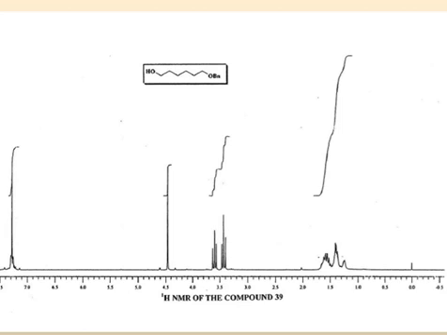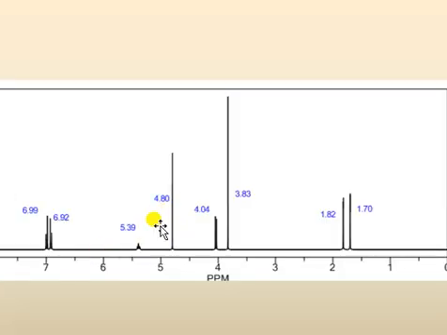So here we can see this is a benzyl proton at 4.8, and this is a doublet at 4.2. This doublet looks like OH attached.